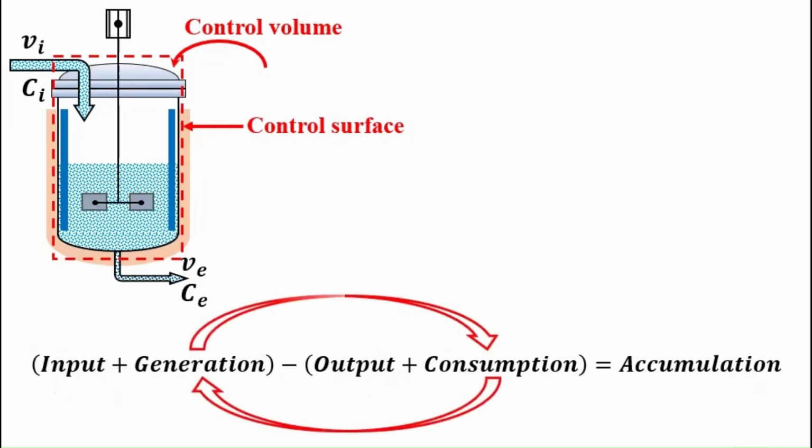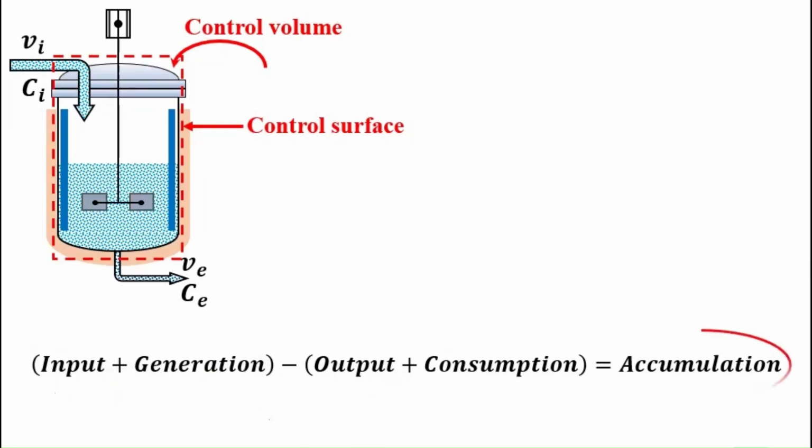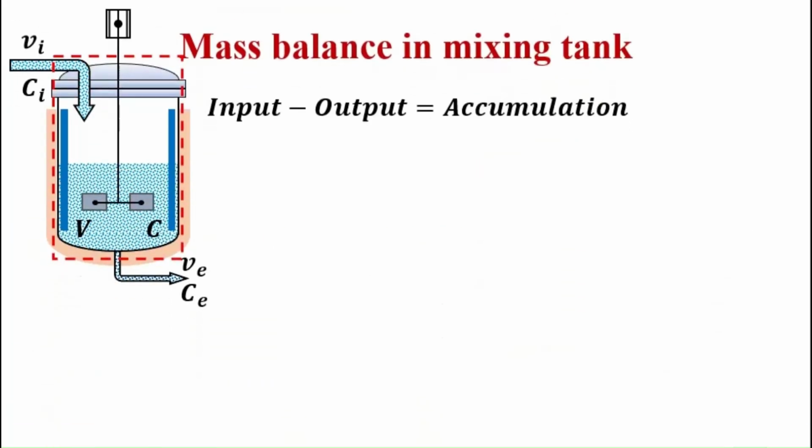Production and consumption account for mass created or destroyed by chemical or nuclear reactions. Accumulation represents the change in mass within the control volume over the time interval. Since no chemical reactions occur in this problem, there is neither production nor consumption, and the mass balance simplifies accordingly.